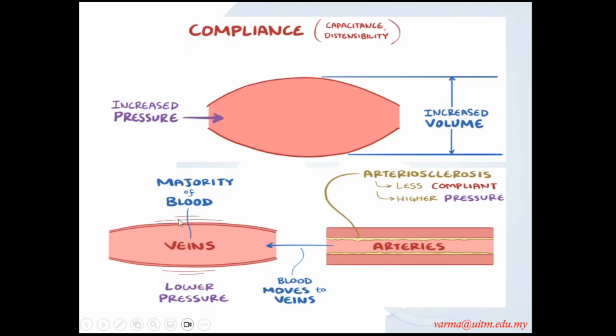So veins are high capacitance or high compliance vessels, which only need lower pressure, but can accommodate more volume. Compared to arteries, even normal arteries are low compliance but a higher pressure system. Okay, this is the importance of this to maintain the flow.